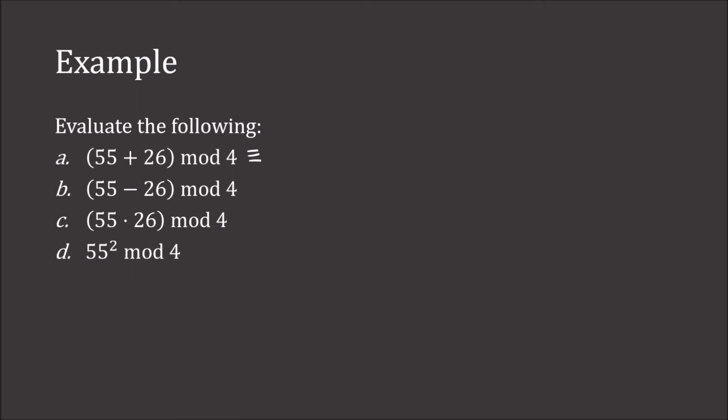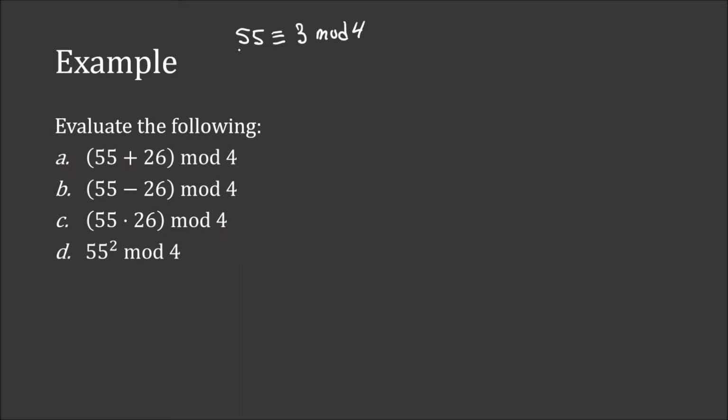What we want to do first is write 55 as congruent to what mod 4. 55 is 4 times 13 plus 3, so the remainder is 3, and so this is congruent to 3 mod 4.